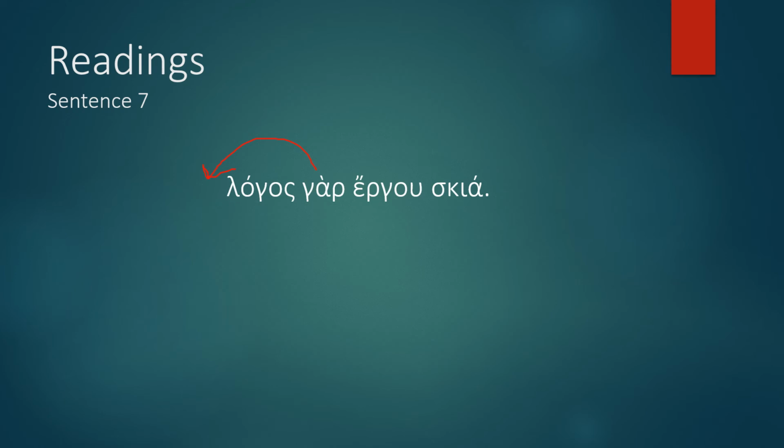That's a good way to start. So I could translate it just going word for word: for word is shadow of action. I guess word or talk is the shadow of the action you're talking about. For word is the shadow of deed. I'll let you interpret that however you want.